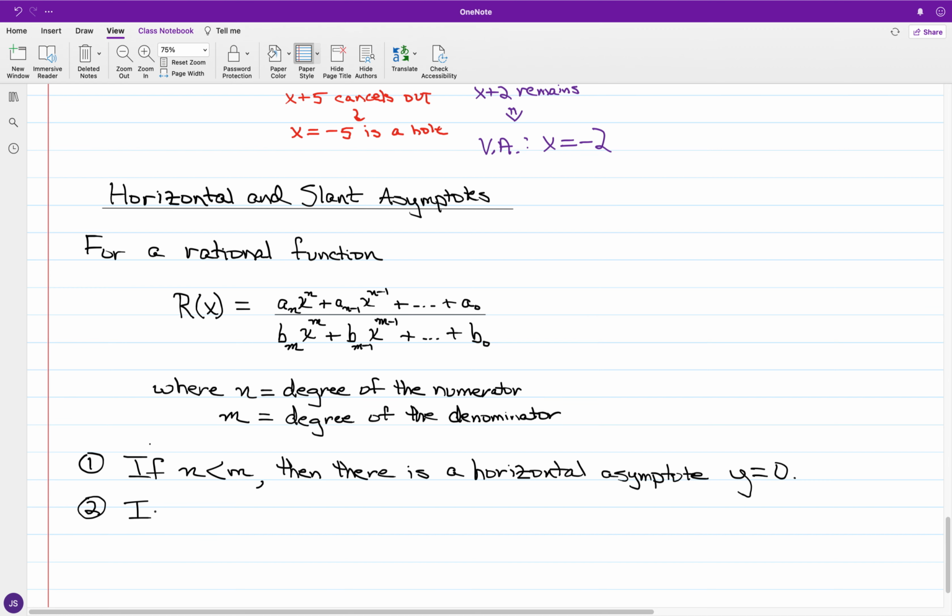Now, if n relates to m where n is equal to m, you're going to have another horizontal asymptote, but this one is going to be non-negligible.